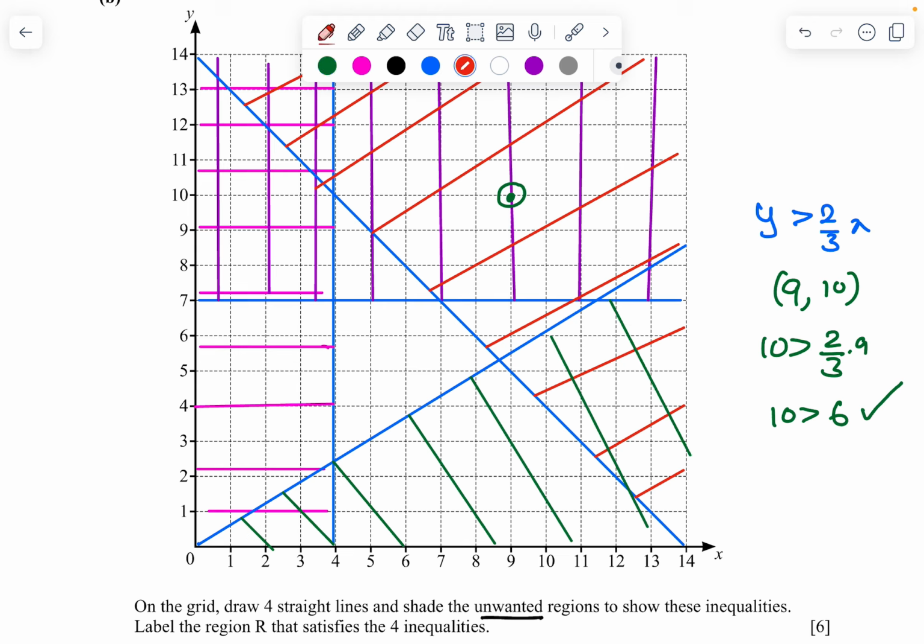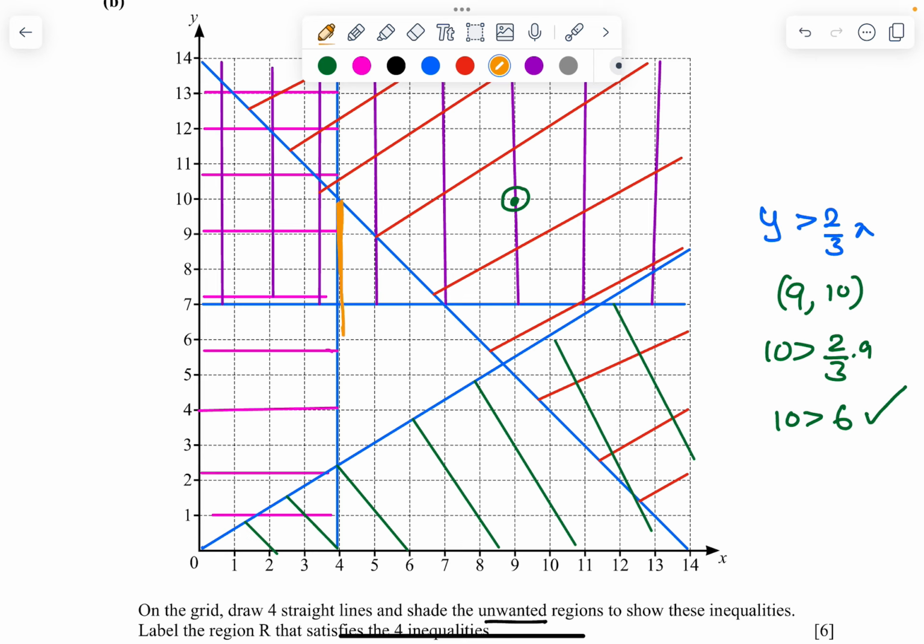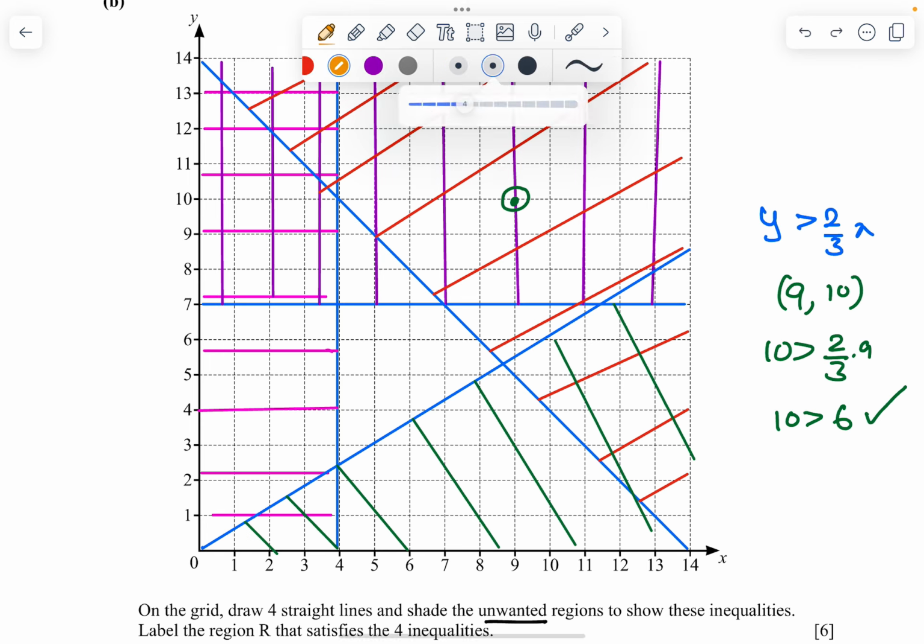So my total region is going to be, let's shade it out. Use any color, maybe I use orange color. So this is the region R over there.